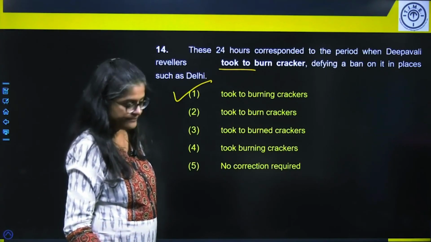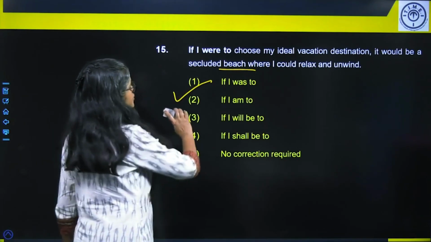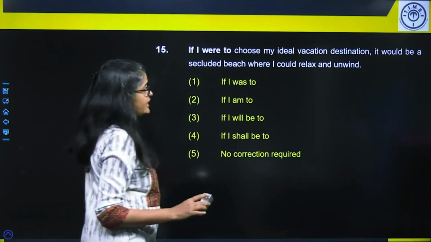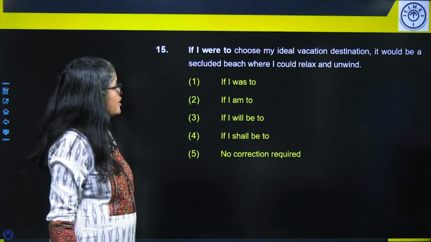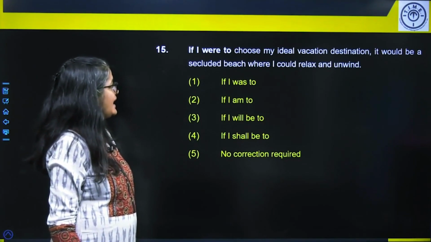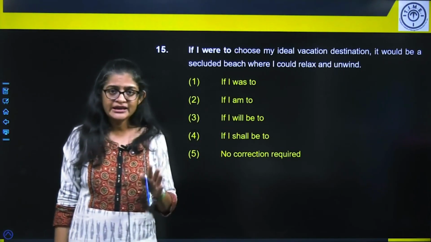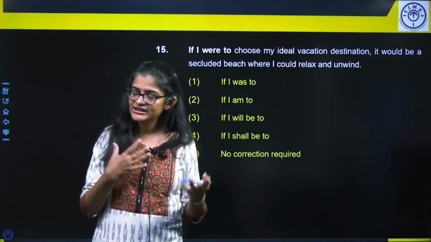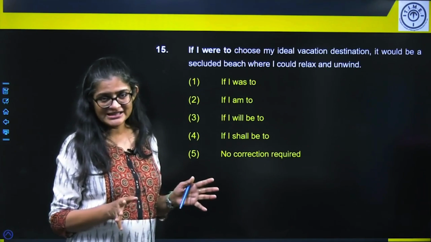Fine. And one more. If I were to choose my ideal vacation destination, it would be a secluded beach where I could relax and unwind. If I were, so what does that mean? Right now, this person does not have any scope for choosing their ideal vacation destination.